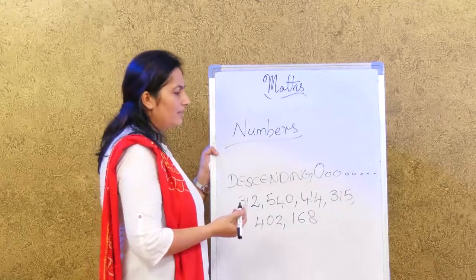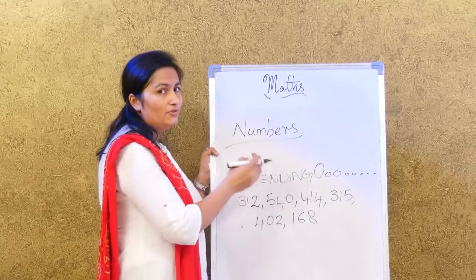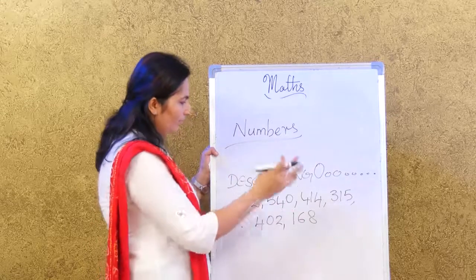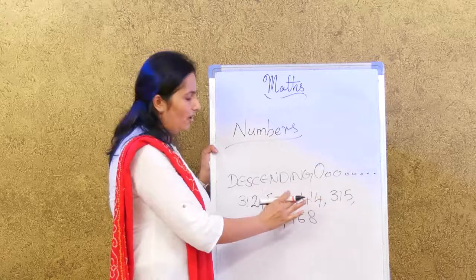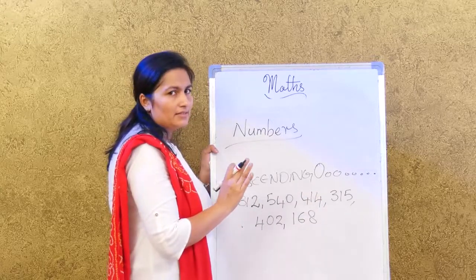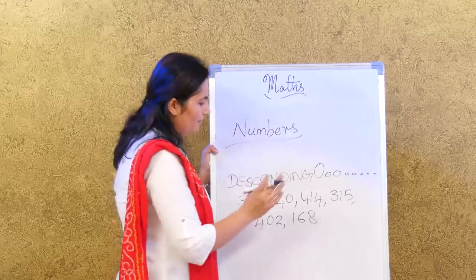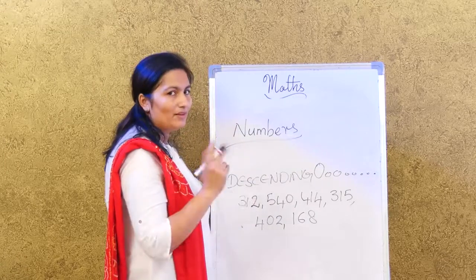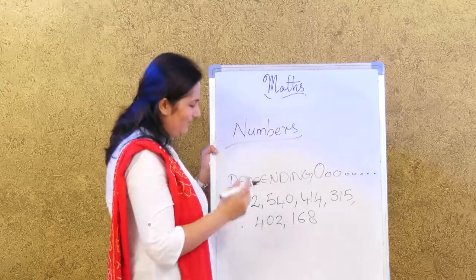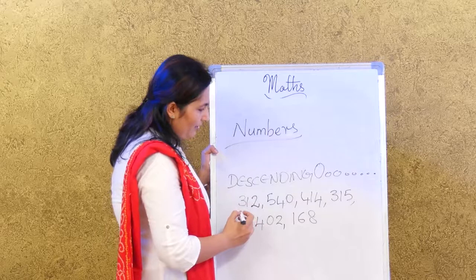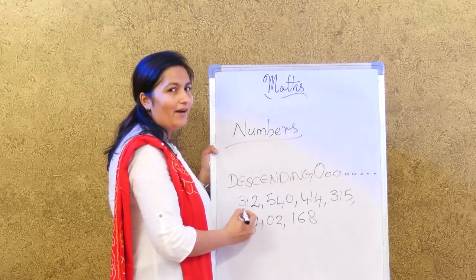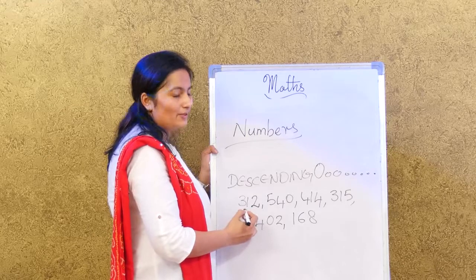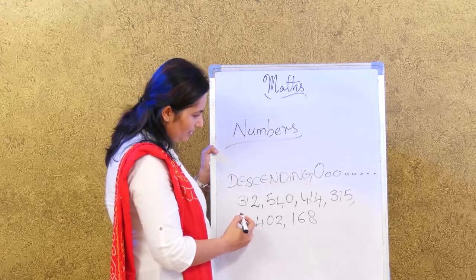So, let us see how to go from big to small. Let us see what are the numbers. They are all 3-digit numbers, not one lesser digit number. Okay. So, they are all same. So, then we will follow our technique 2. We will look at what are the digits in the hundreds place value. Okay. Let us look at it.